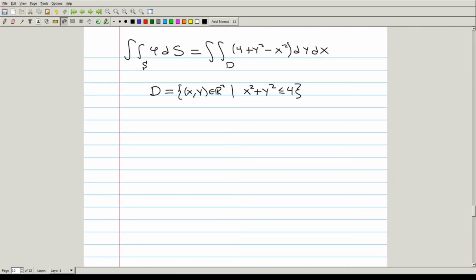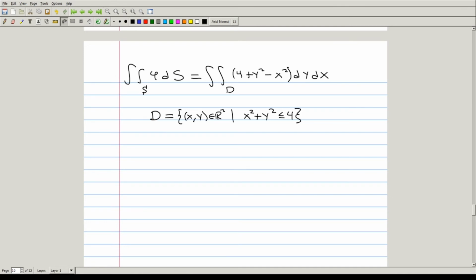Because of the polar symmetry in this region, the most natural coordinate system to do this double integral in is definitely polar coordinates.